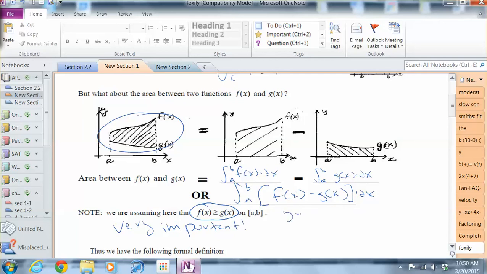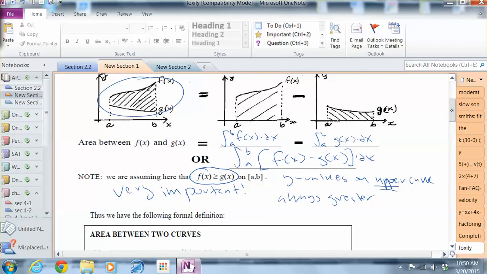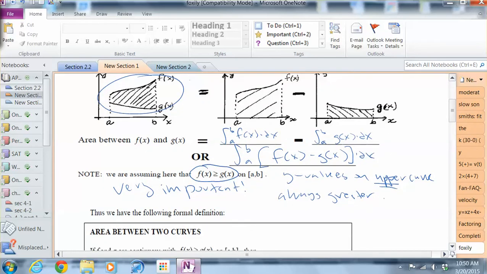Or basically, the y values on your upper curve are always greater than y values on your lower curve, for the same x values.